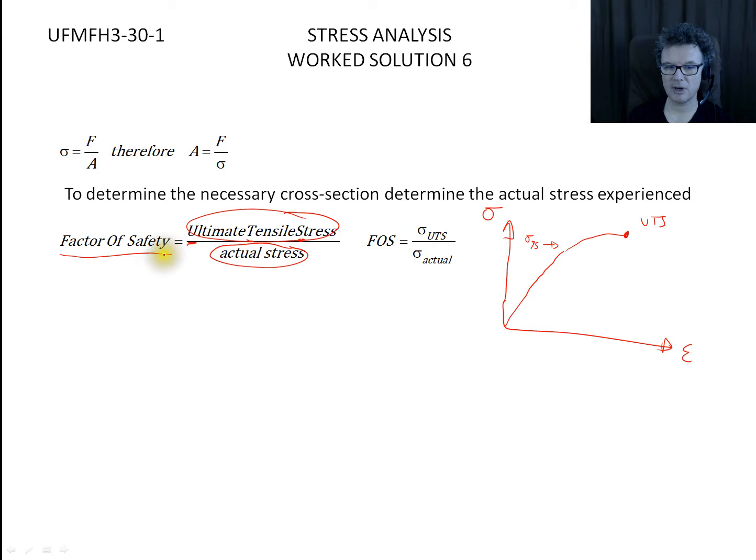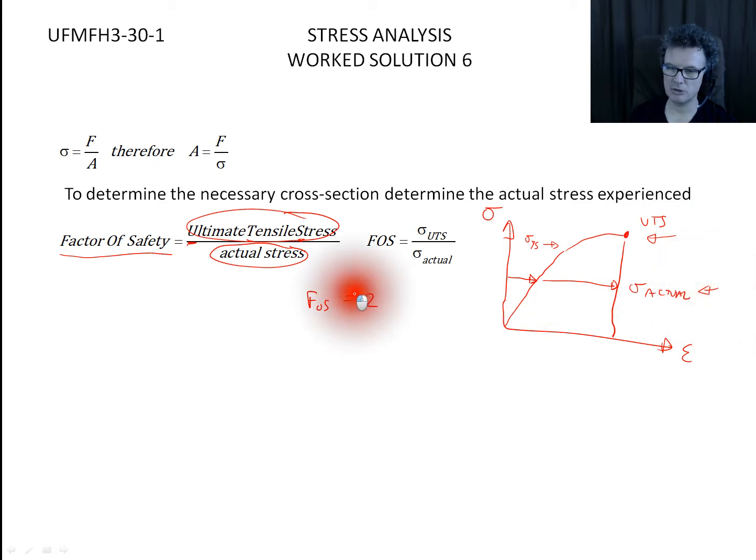And how we define factors of safety is that we're going to take that big number, UTS, and then we're going to decide on how high up this plot we're going to go. So let's say we're going roughly here. So that's the actual stress I'm applying. So you can see the factor of safety is going to be, I don't know what this is, but you're always going to end up with something, let's say, of order 2.